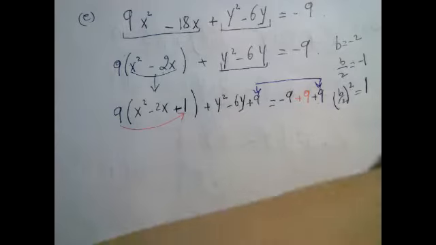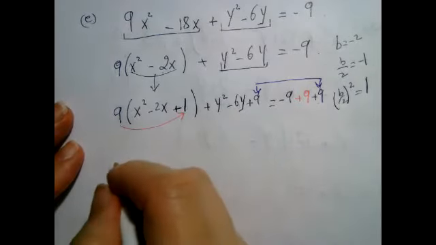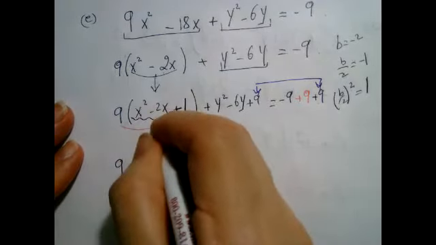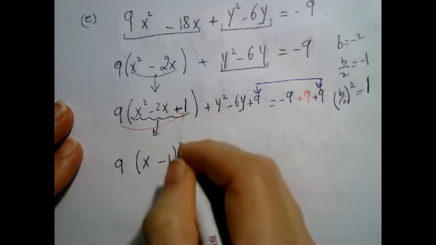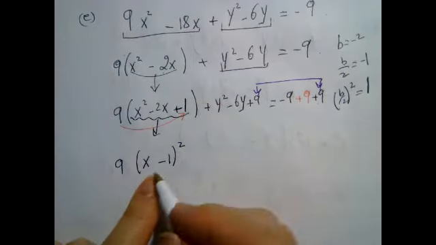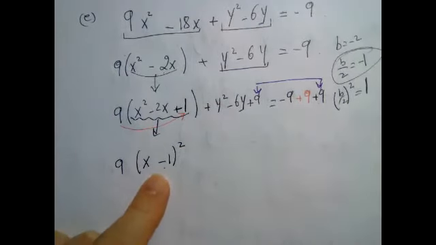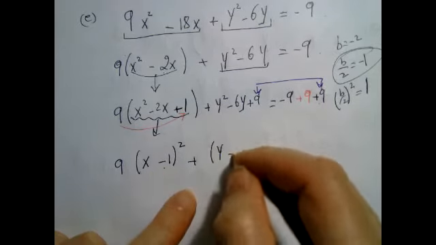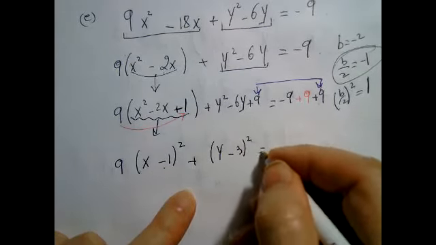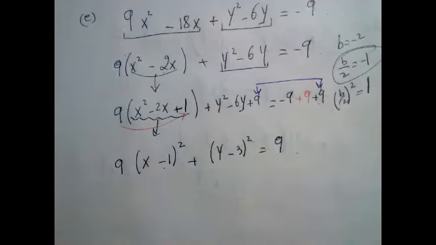Now the rest is just, okay, when I do this, the goal is to make this expression become x minus 1 squared. What you put here is the b over 2. This would become y minus 3 squared, and this will become a 9.